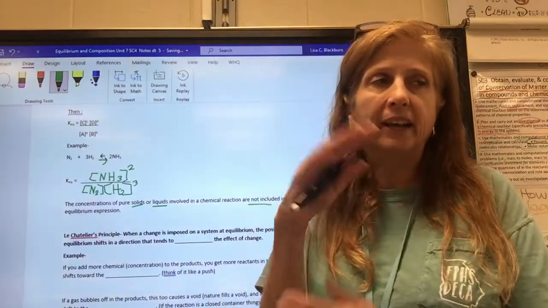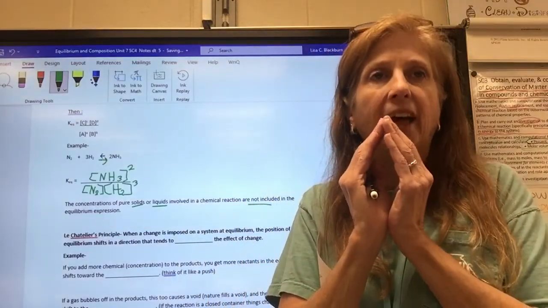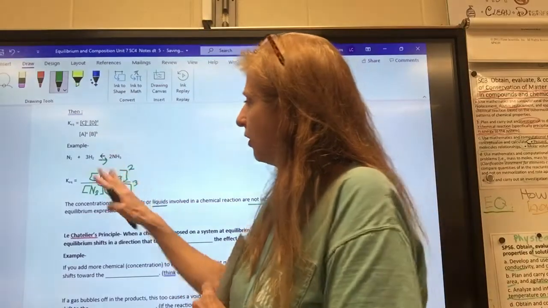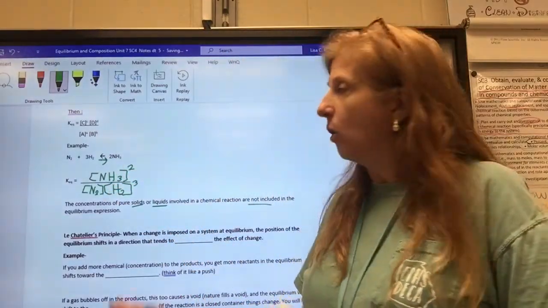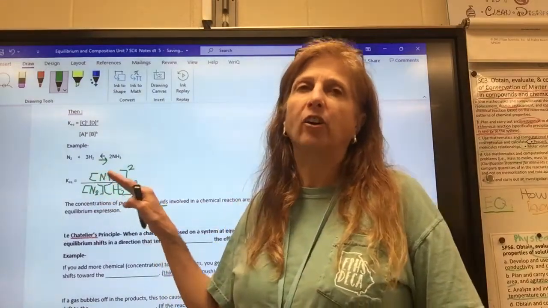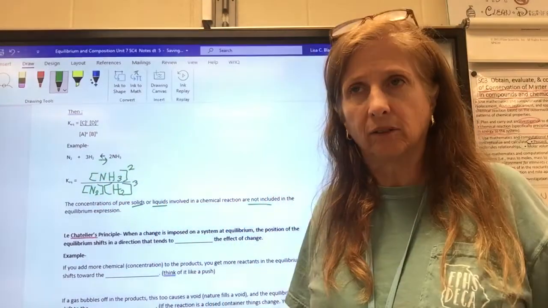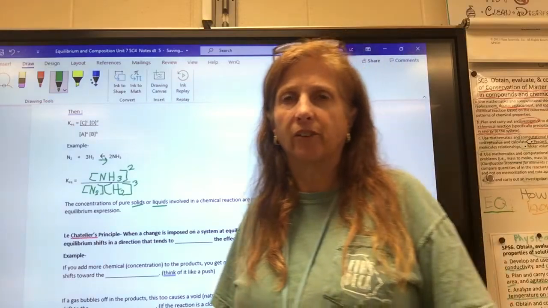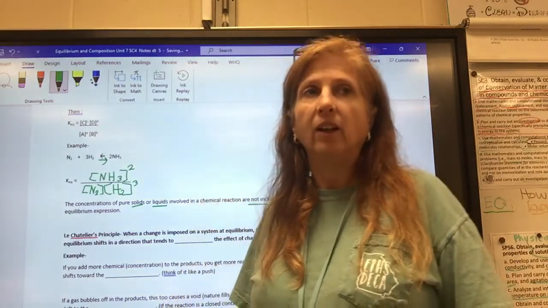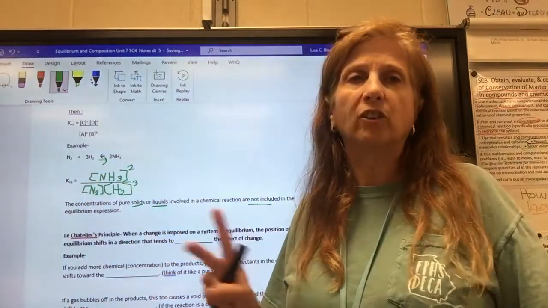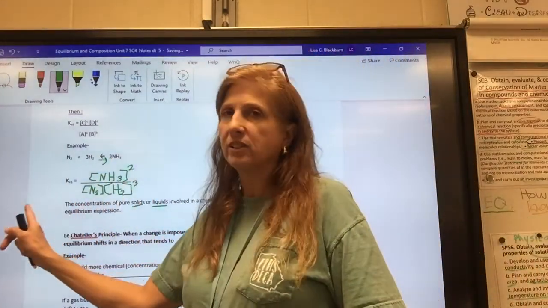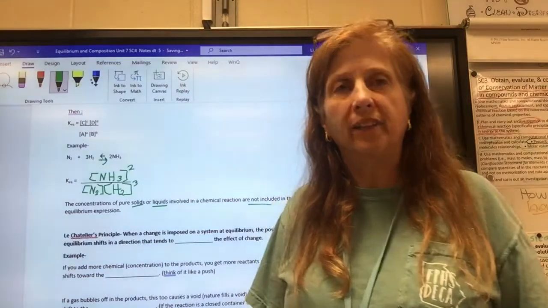So sometimes you might have just a numerator, or just a denominator, and then what should you put in the numerator? What's always understood to be there if there's nothing? A 1. So if all of your products were pure solids or pure liquids, you would have just a denominator and you'd put a 1 in the numerator.